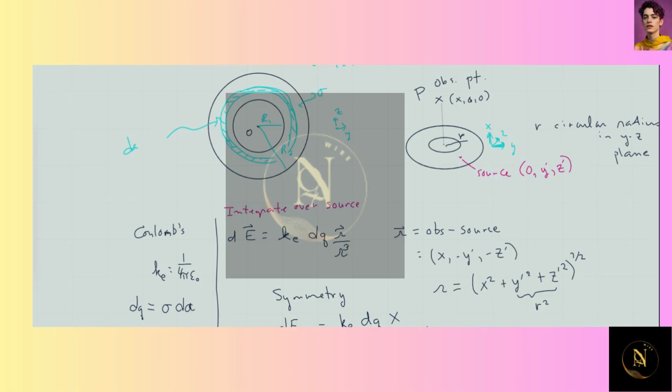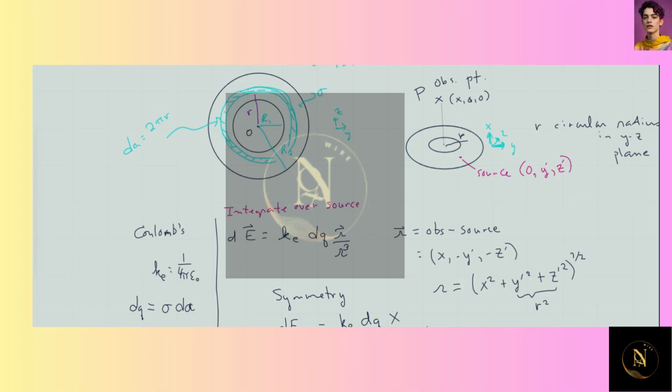And it has a value equal to the circumference of that little circle, which will depend on the radius, which is our little variable r.